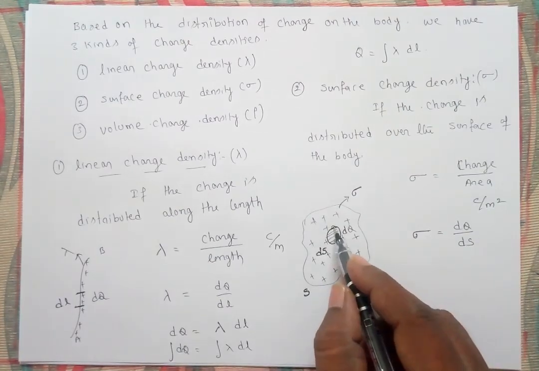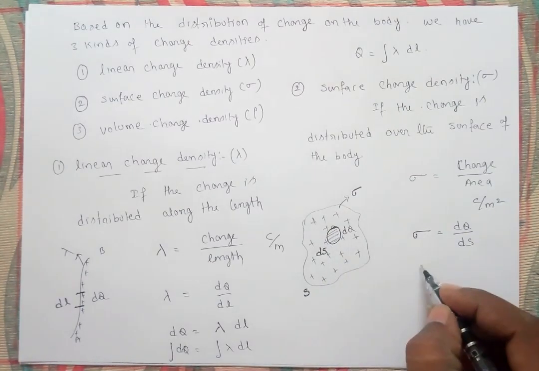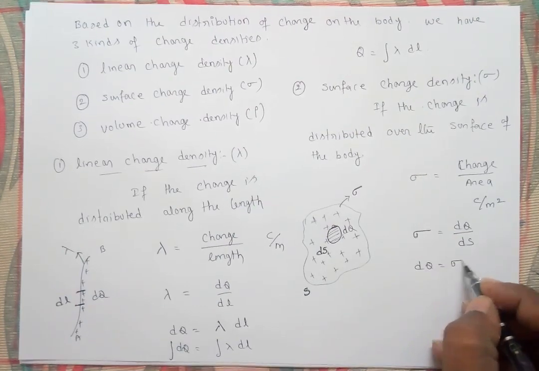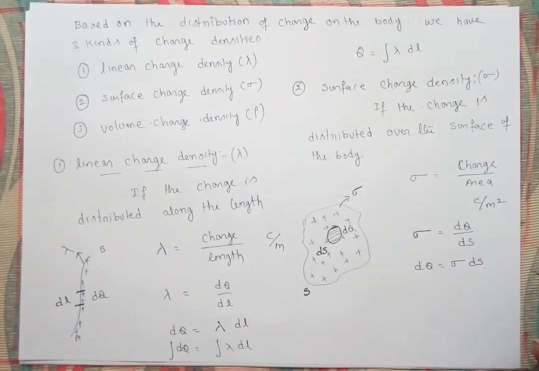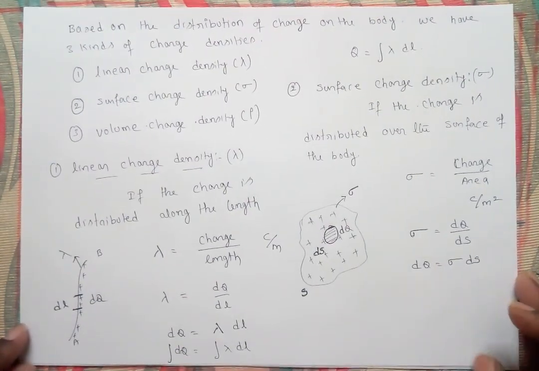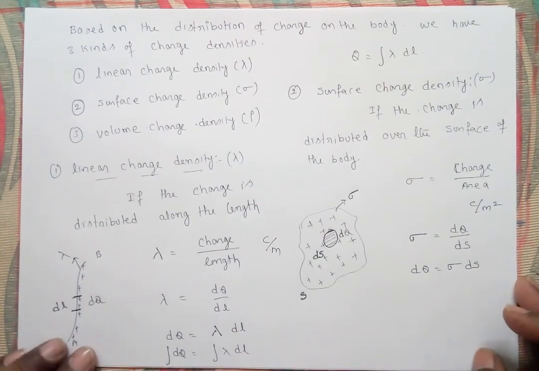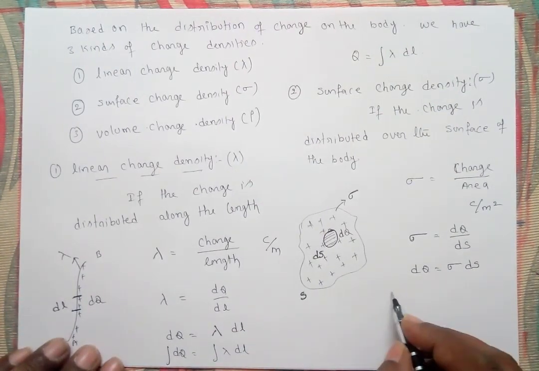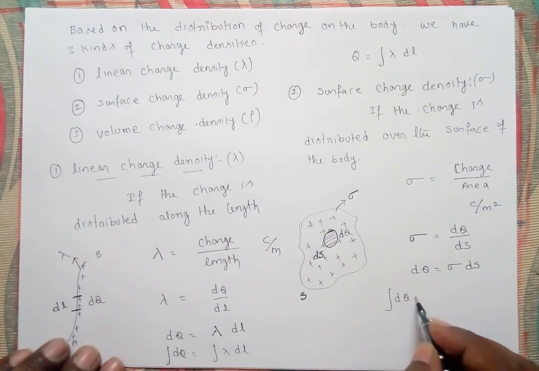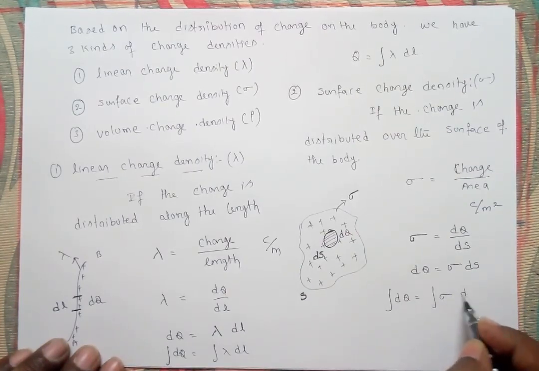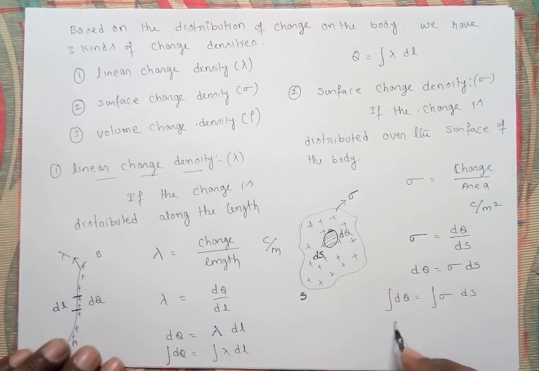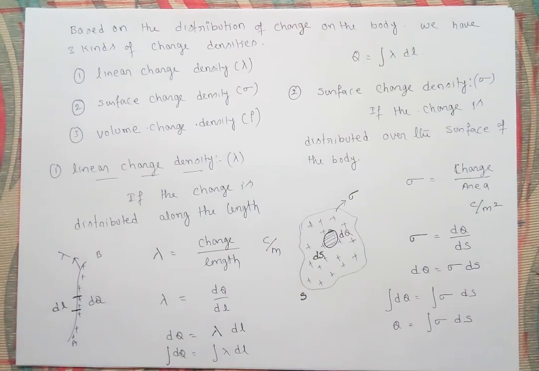From this, dq equals sigma ds. To find the total charge, integrate on both sides: integral dq equals integral sigma ds. Then q equals integral sigma ds. Like this you can find the charge of the surface.